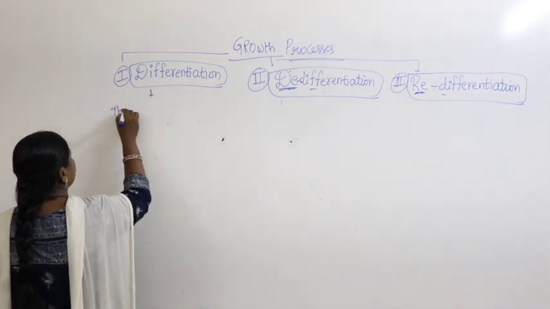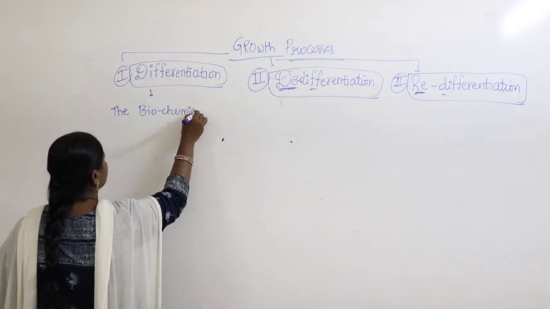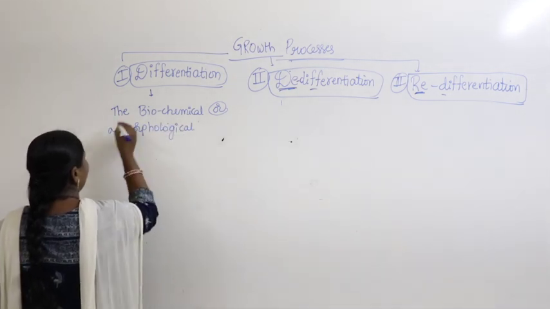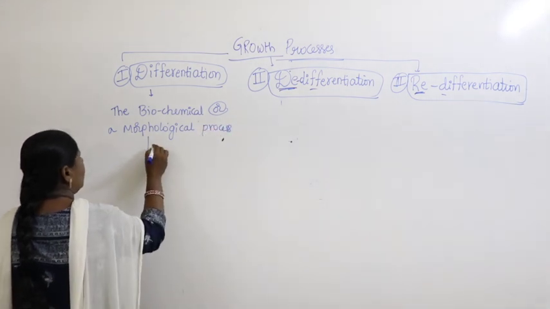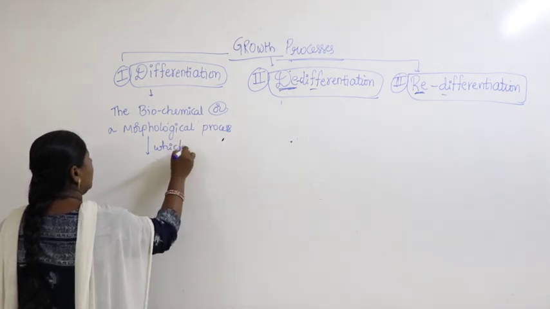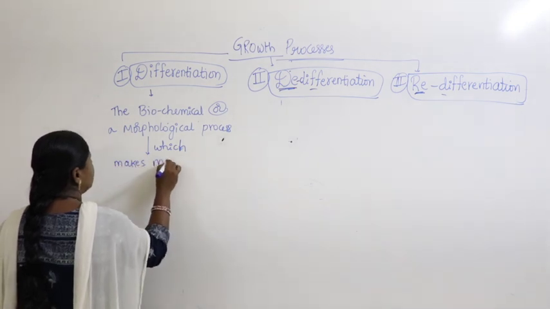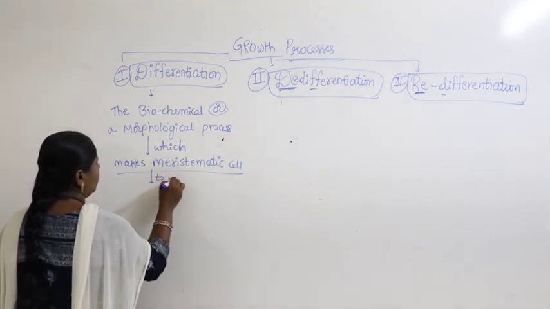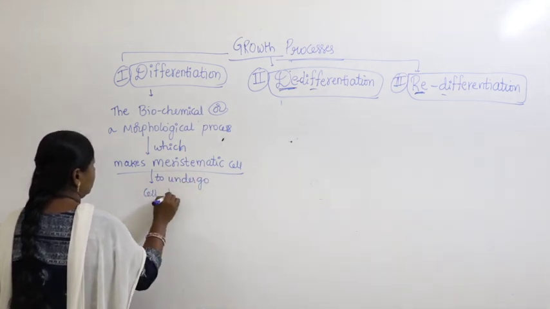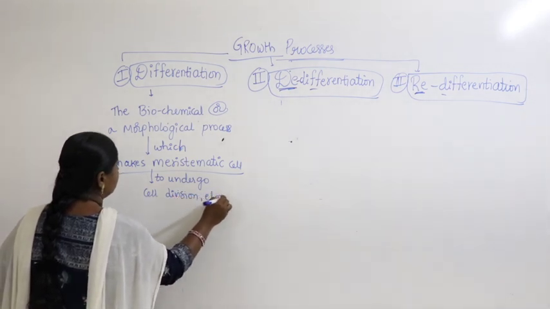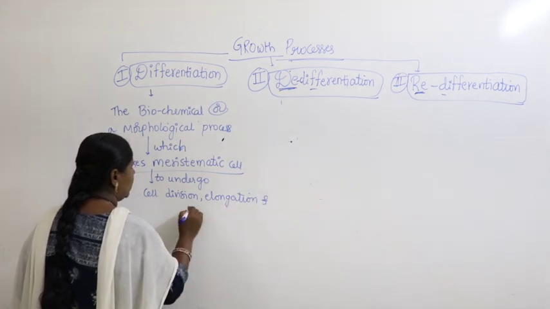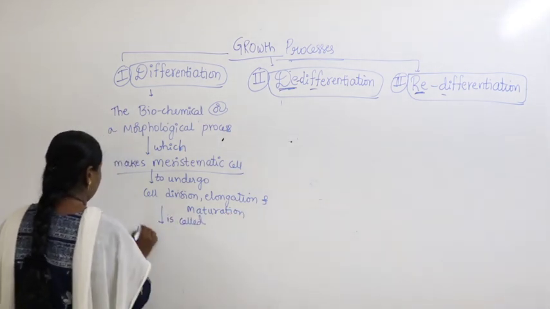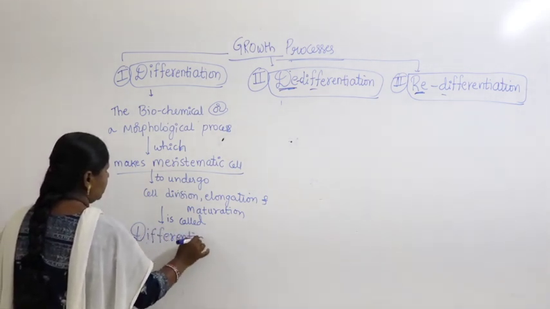It is nothing but a biochemical process or a morphological process which makes a meristematic cell undergo cell division followed by elongation and maturation. It is called differentiation.